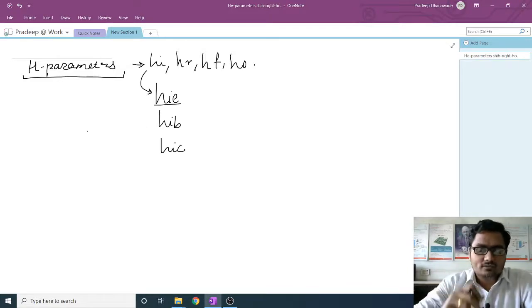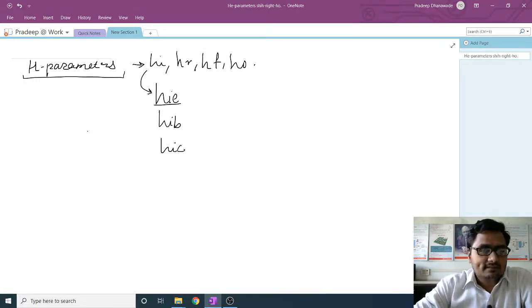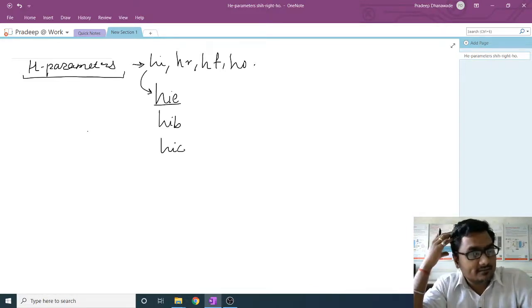So we have written different equations. We have drawn an H model for common base, common emitter as well as common collector configuration. Now those H parameters are well known to us.